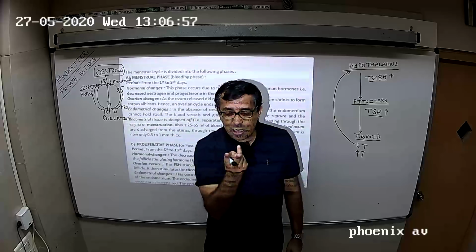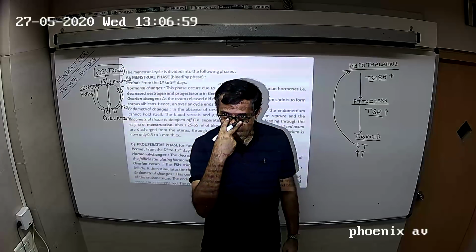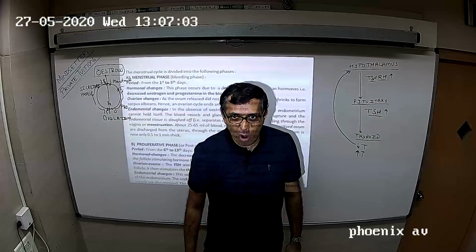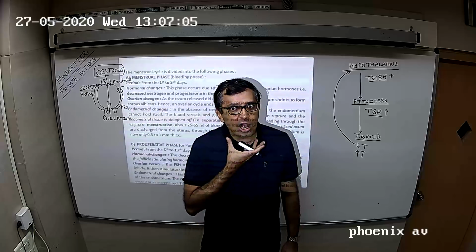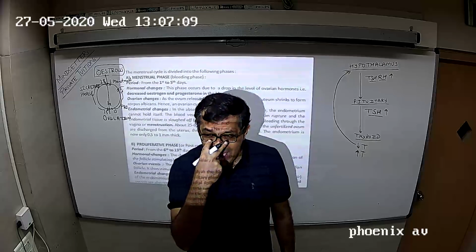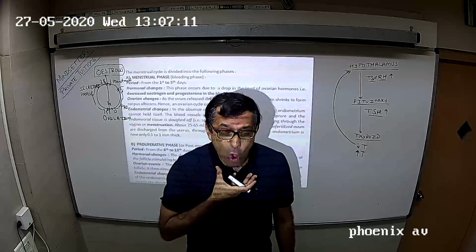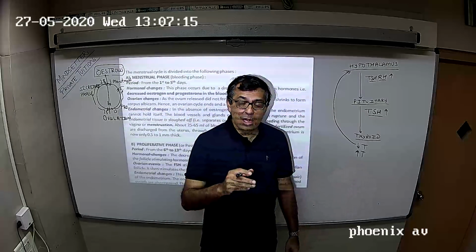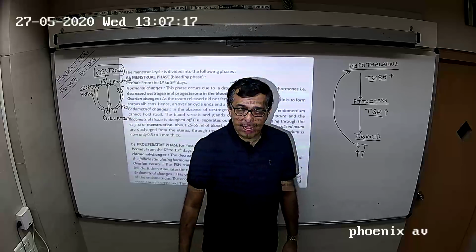And exophthalm means there is protrusion of the eyeballs, and along with it a goiter will develop, and that condition is called exophthalmic goiter. So excessive thyroxine will produce exophthalmic goiter.